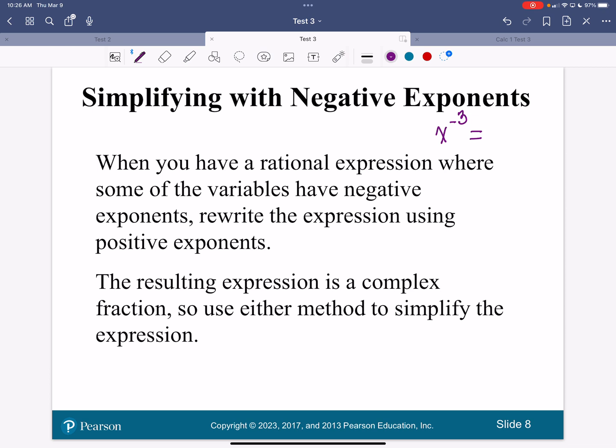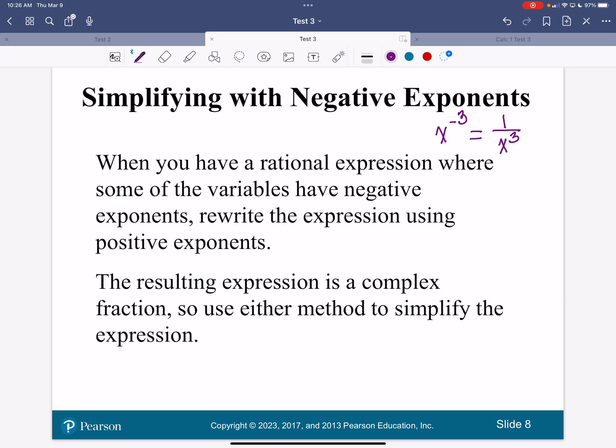Think way back. It's not negative 1. It's 1 over x to the third. You got it. That's exactly what it means. So that's what a negative exponent means.